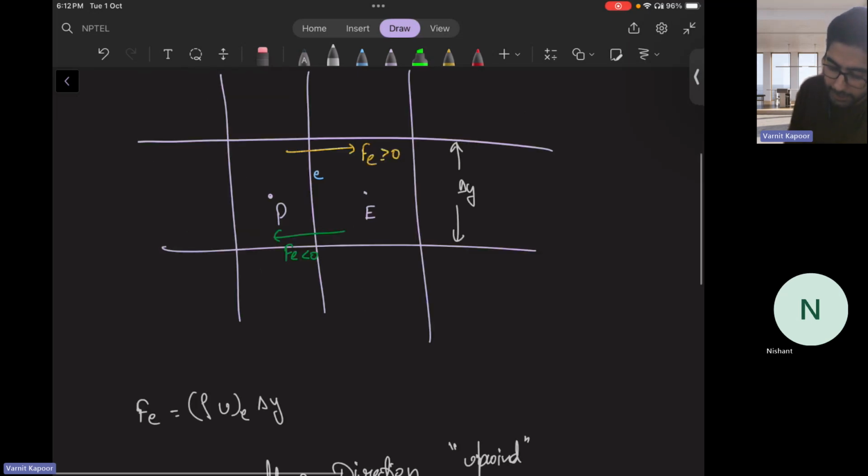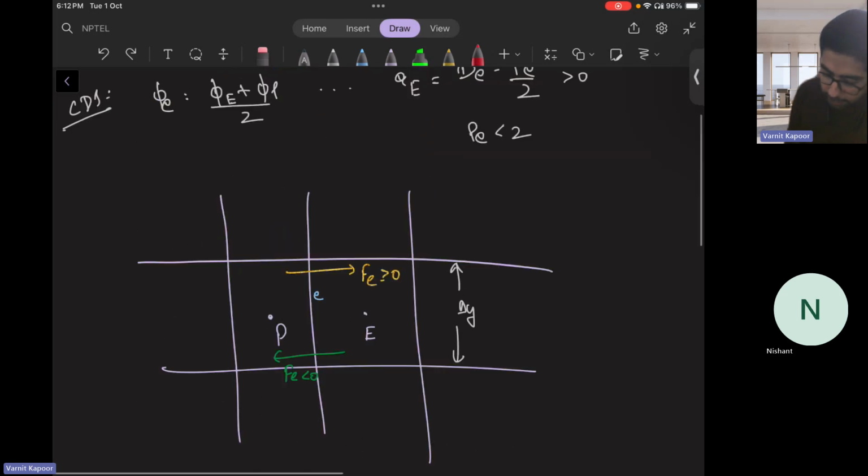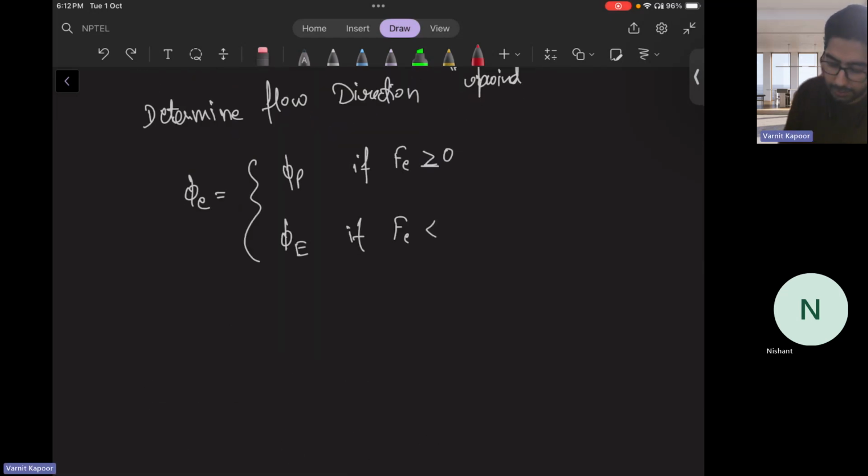If the flow is from left to right, phi at the east face will be phi P, because this is your upwind direction, the tail portion. Otherwise, if the flow is from right to left, FE is less than 0, so phi east will be phi capital E.